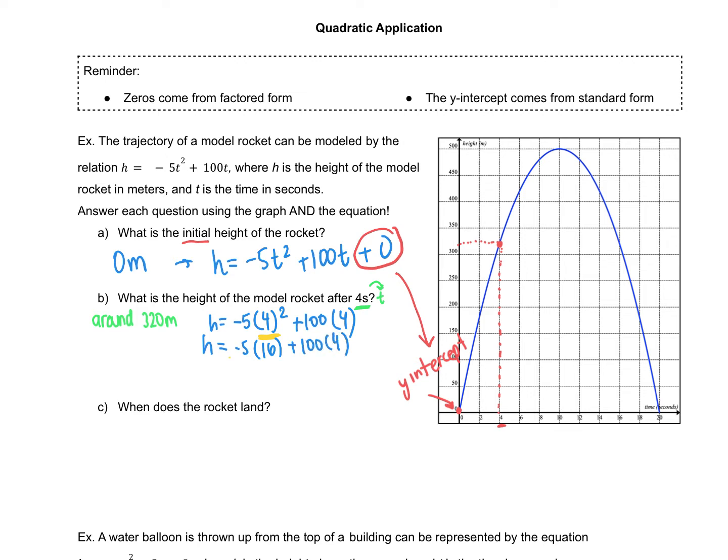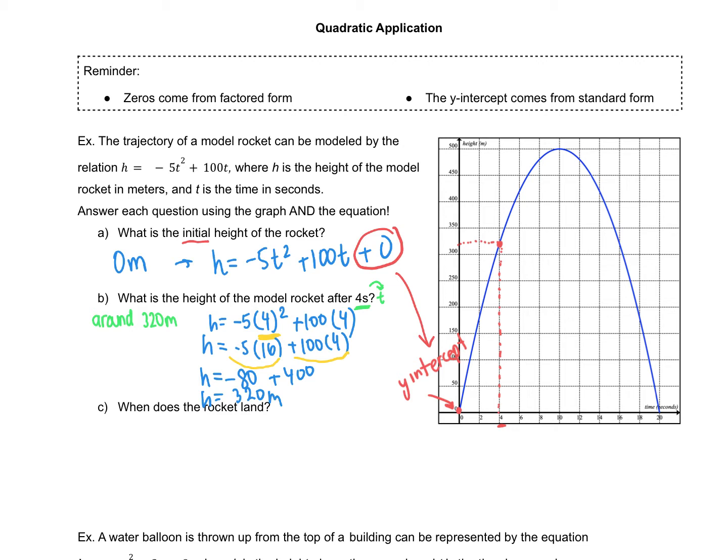Next, we will do the multiplication, so this portion and this portion. So -5 times 16 is -80, and 100 times 4 is 400. And if we actually simplify this, my prediction was correct by chance, and it actually is 320 meters.